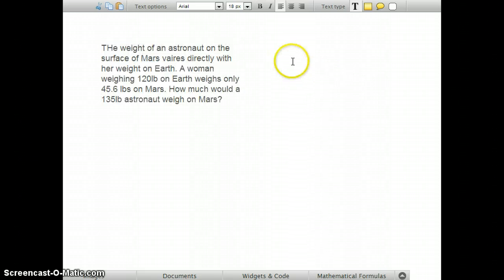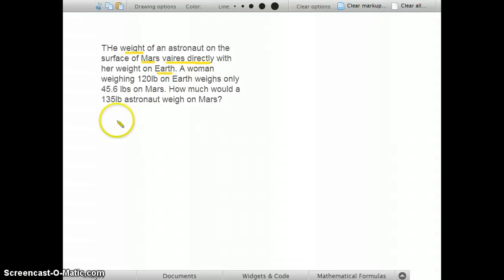So this is almost a real-world application, if you consider it. And what we know is varies directly. So the weight on Mars varies directly with the weight on Earth. From this we will translate first: M equals kE.